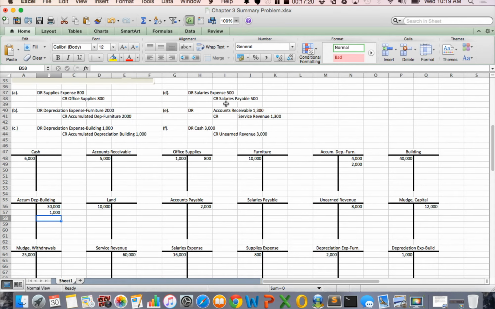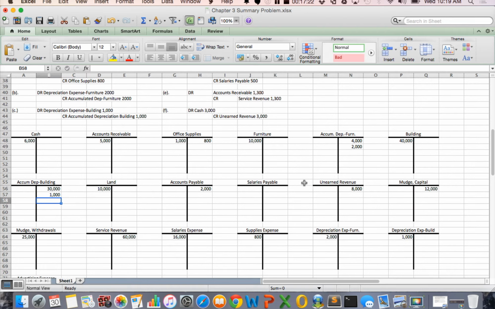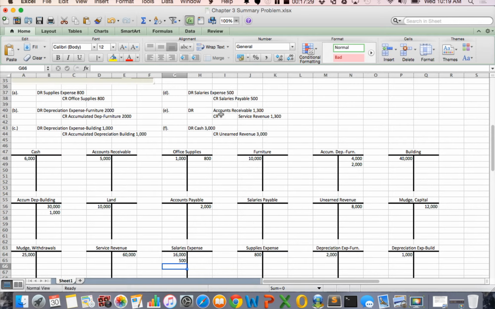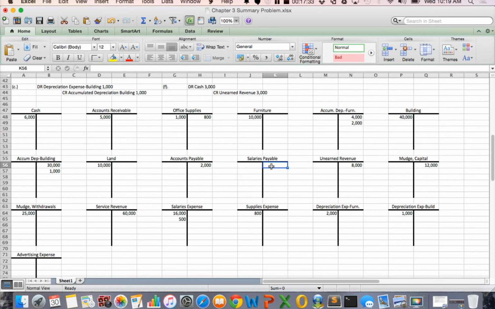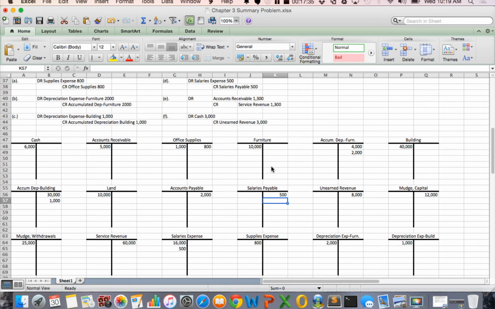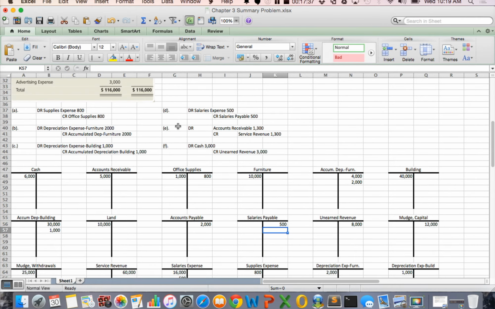D, debit salaries expense for $500. Find salaries expense, debit for $500, credit salaries payable for $500. I'm done with letter D. E, debit accounts receivable for $1,300.